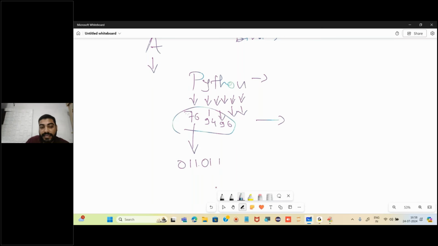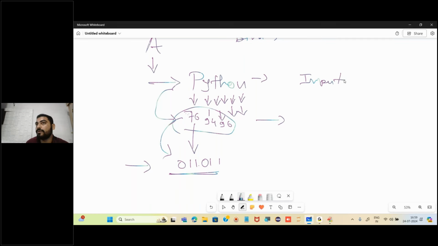And the system understands what? 0 1. That is what language? Binary language. Can I say that what I have given, that is Python, has been converted into numbers, and numbers have been allotted a binary number. So what we are trying to do is give the inputs.